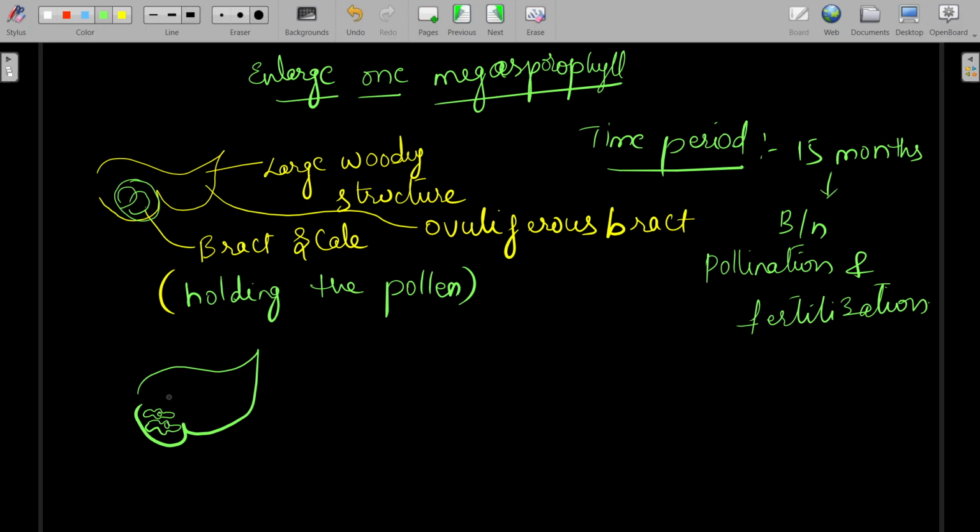You can see the ovule in the ovuliferous bract, and these are the integuments.